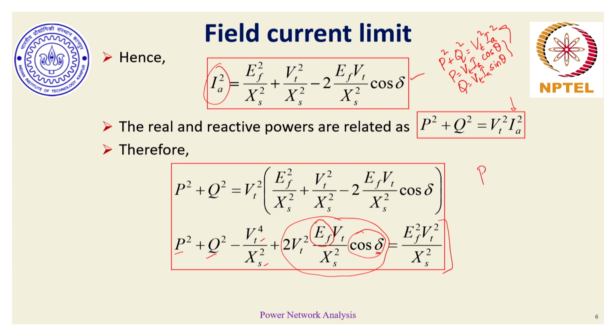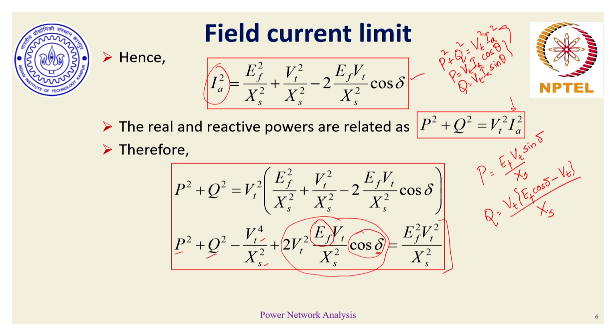If we revisit our previous lecture discussion, we remember that real power for a cylindrical pole machine with negligible armature resistance is nothing but EF Vt sin δ by Xs, and Q is nothing but Vt into EF cos δ minus Vt, the entire term divided by Xs.